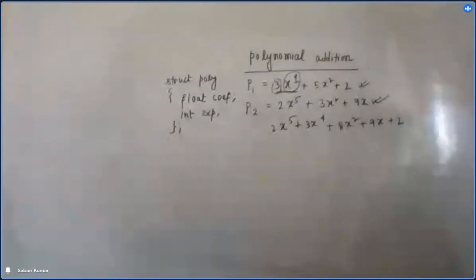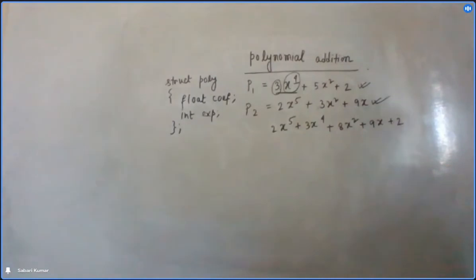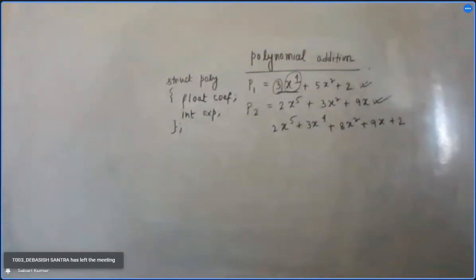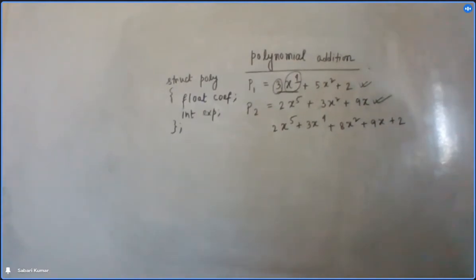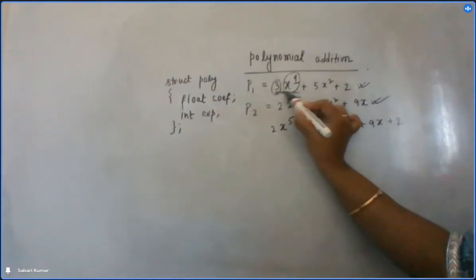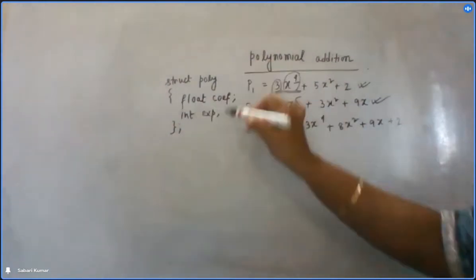For each and every term, we are taking a polynomial structure where two parts will be associated. First one is coefficient part and second one is exponent part. Okay. Now, when we are going to add two polynomials, you have to remember that we need this structure when this term is associated.